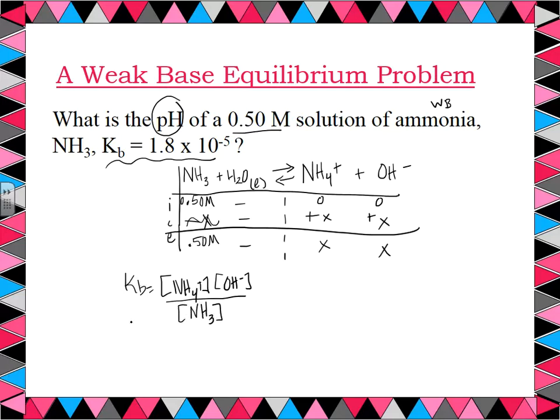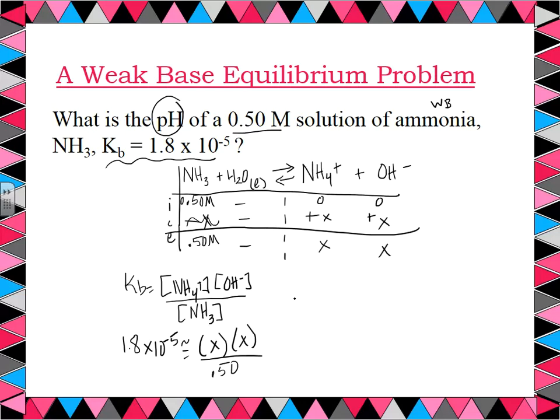So we know the Kb is given, 1.8 times 10 to the negative 5 equals x times x over, and this is an approximation because we are neglecting x for the moment, 0.50. This will help simplify our problem because we're invoking the 5% rule.